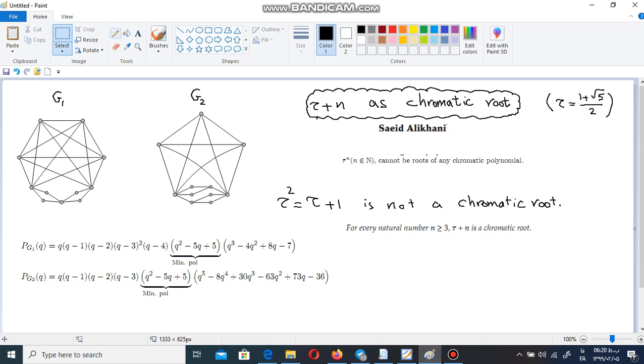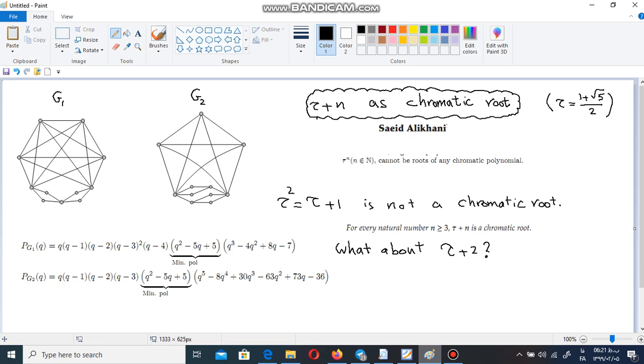Now we can ask the question: what about tau plus 2? I asked this question more than 10 years ago, and it has been a famous question in the roots of chromatic polynomials.